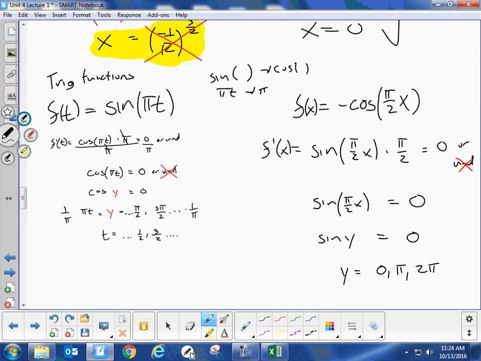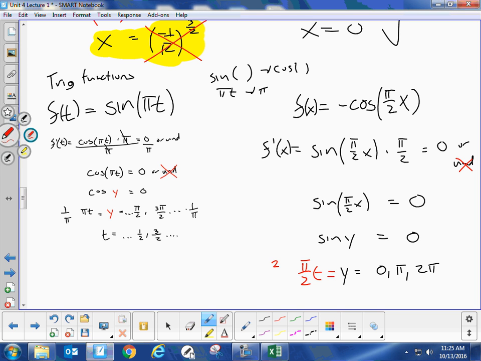So how do you get rid of pi over 2? You'd multiply by 2 over pi. So multiply all of these by 2 and then divide it by pi. So I get y is 0, pi, 2 pi. That's at the horizontals, but that's equal to pi over 2 t. How do I get rid of pi over 2 to solve for t?